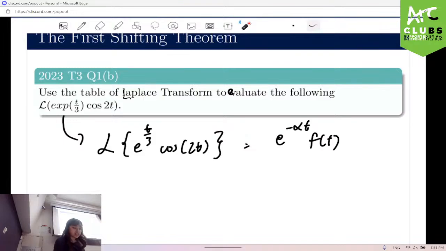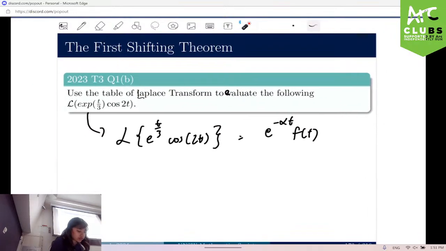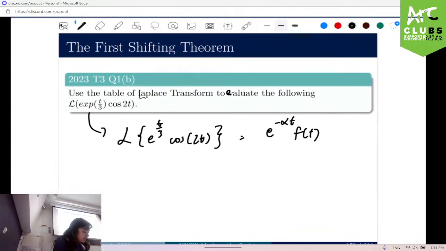So let's think about it in terms of cos 2t, because we know that the exponent is going to cause a shift in the F(s) of cos, right?